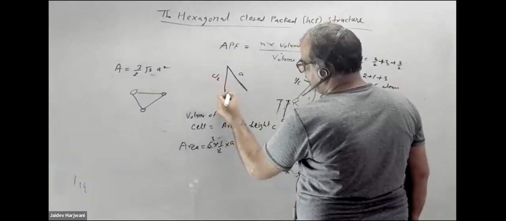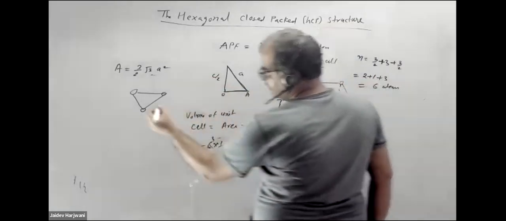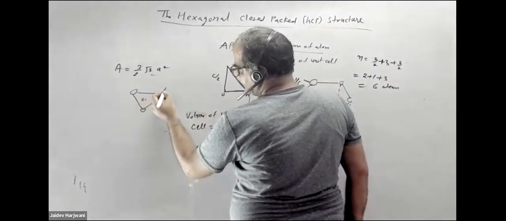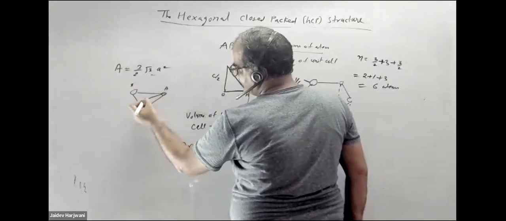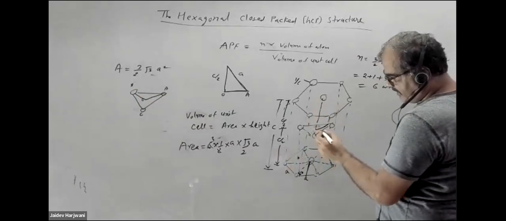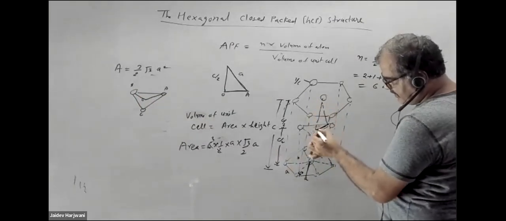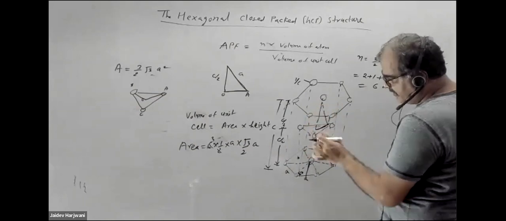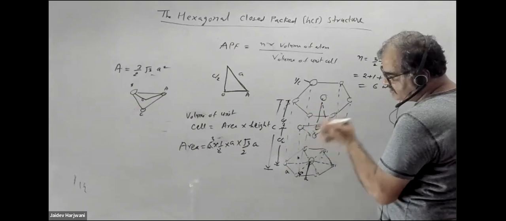Now I need to calculate this distance, say OA. This is my center O, and say this is a, this is b, and this is c. If I can calculate this distance, I can find the relation between C and A.